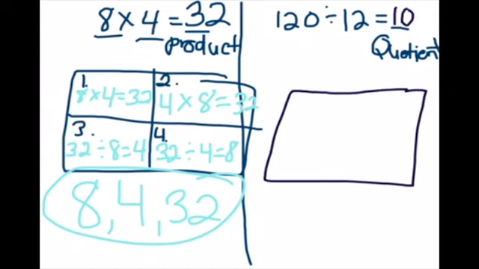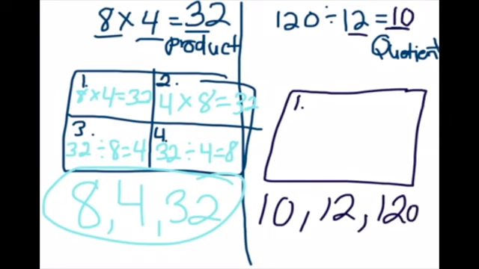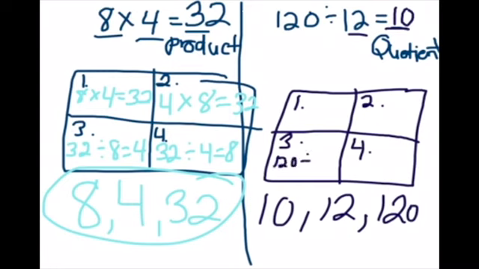So our fact families, again, because we have 3 different numbers, we have 10, 12, and 120. That means we'll have 4 different equations. We know that 120 divided by 12 because that's the one we already have. What would be the other way to write that division sentence? 120 divided by 10 equals 12.